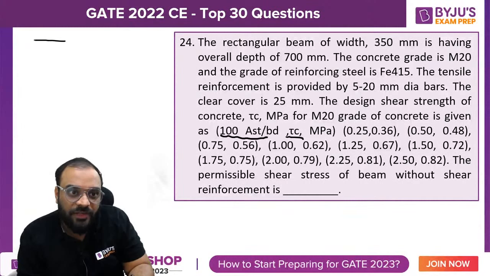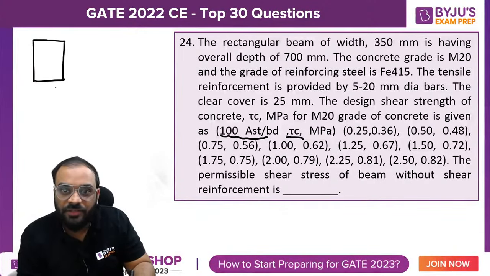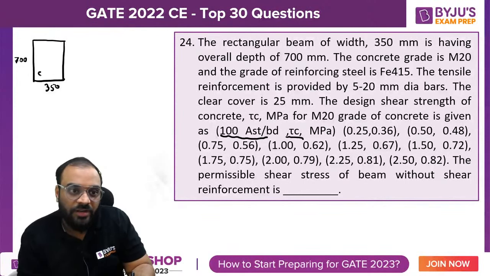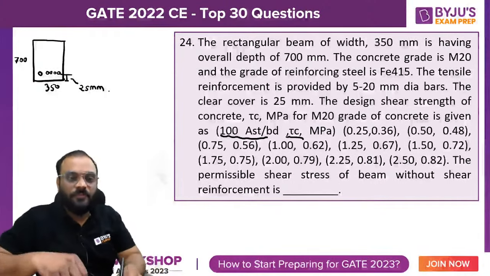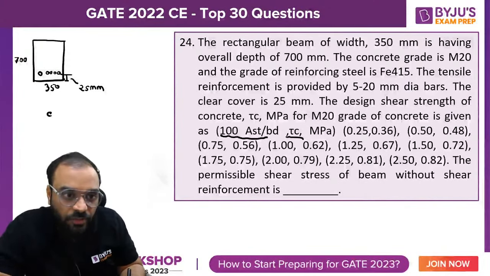So first I will draw the figure. This one is 350 and overall depth is 700. 5 number of bars whose dia is 20. Clear cover which we have is 25 mm. First, I will calculate the small d value.